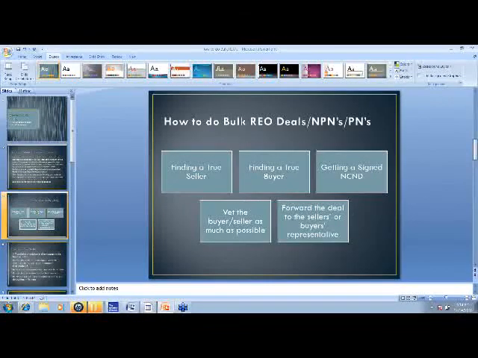Right. Okay. And just to make a note here too, if you're going to be contacting banks, you might also consider specializing in a certain state, a certain area.